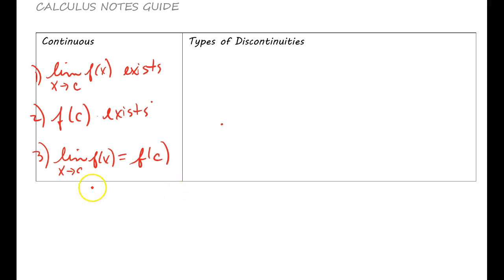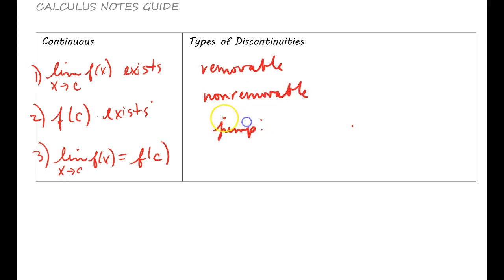And you can still go with the definition I gave you about there's no holes, there's no vertical asymptotes, and there's no jumps or breaks in the graph. And for types of discontinuities, remember we have removable, non-removable, and jump. And a jump would be like what you see on the picture that we did on the other page.